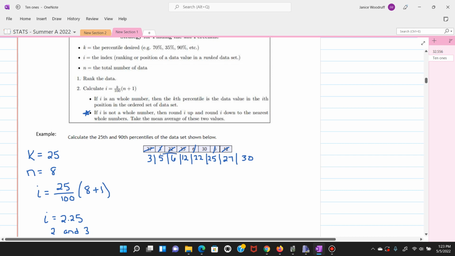Those are these values right here, 5 and 6, and I'm going to find the mean average of those, which is 5.5. 5 plus 6 divided by 2 is 5.5. So that means the 25th percentile is the value 5.5. That's not actually in the data set, but that is the 25th percentile.